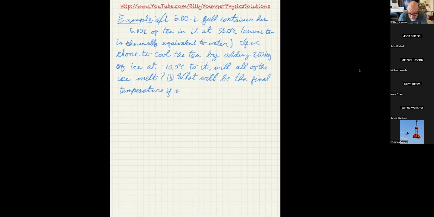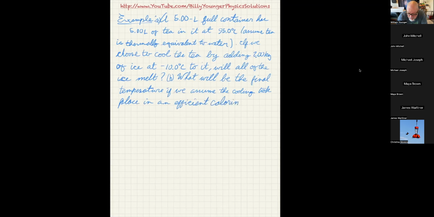if we assume the cooling took place in an efficient calorimeter?